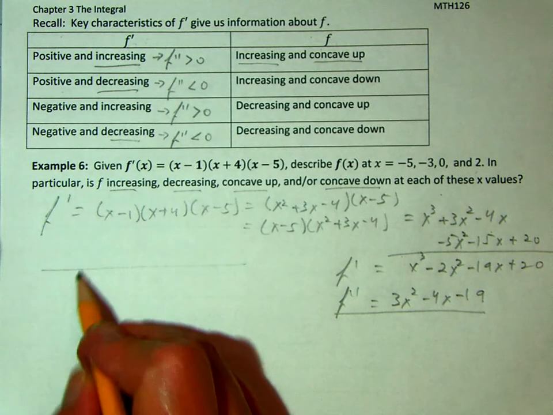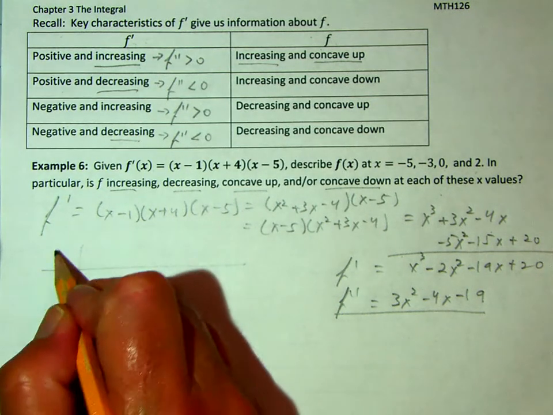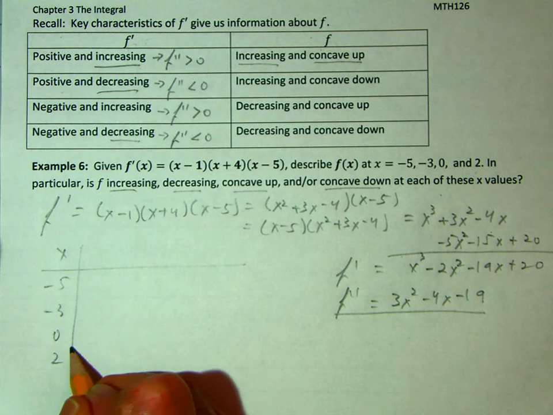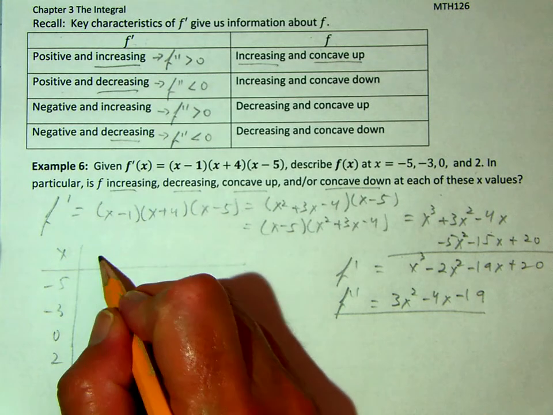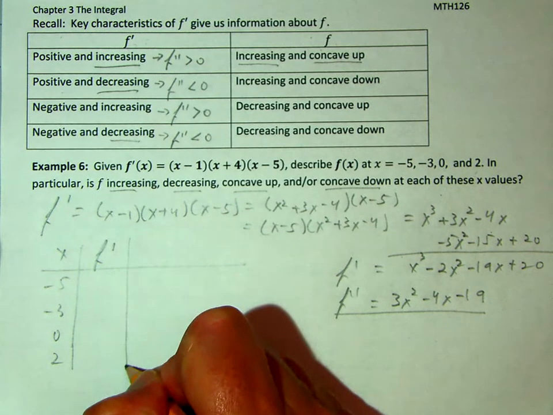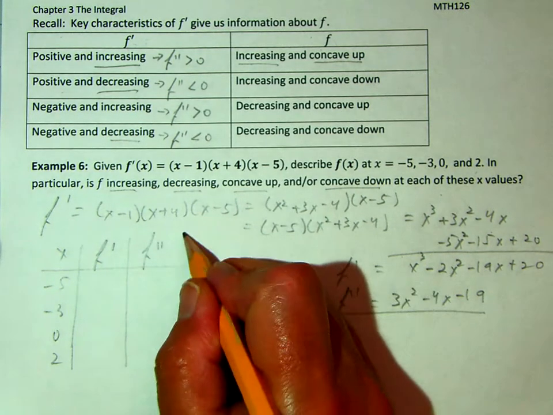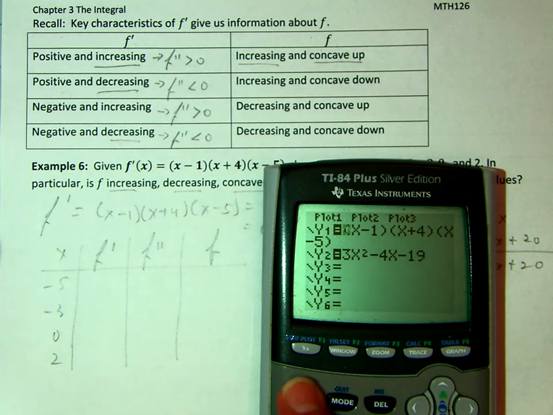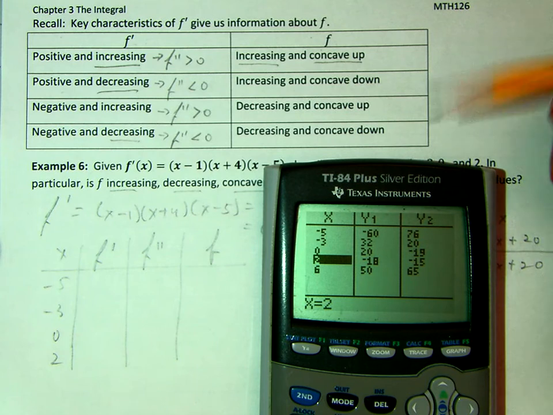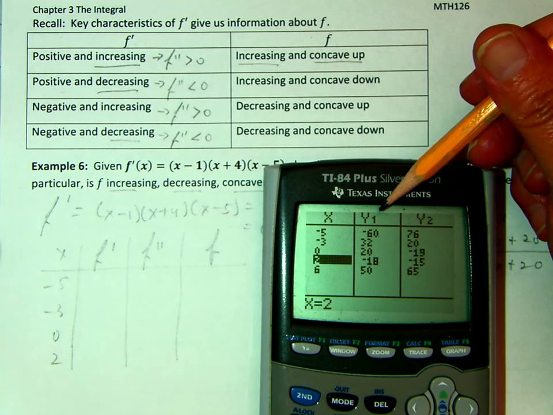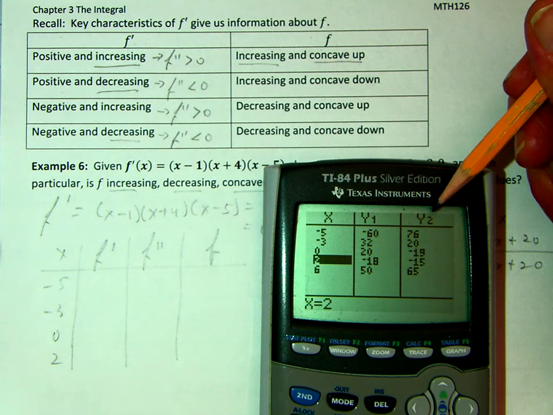So on my chart at x equals -5, -3, 0, and 2, I'm going to actually only record the sign of our derivative function and our second derivative function, and then we will describe what is going on with the function at those points. So here at -5, the first derivative is negative, the second derivative is positive.